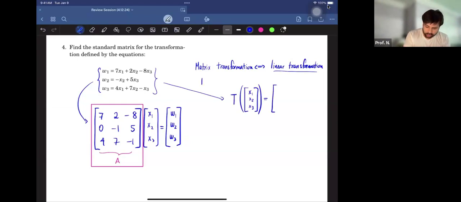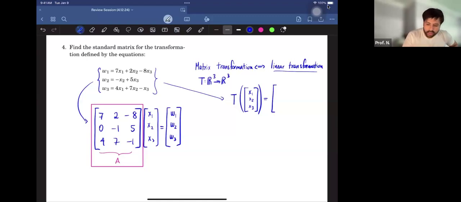So it's also good to know that T is going from R3 to R3. This transformation is actually a linear operator as well. You can call it an operator because it's mapping something from the domain to the same space. So the domain and the codomain are the same.